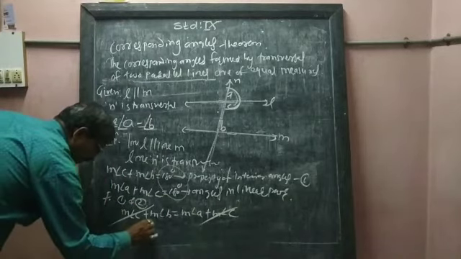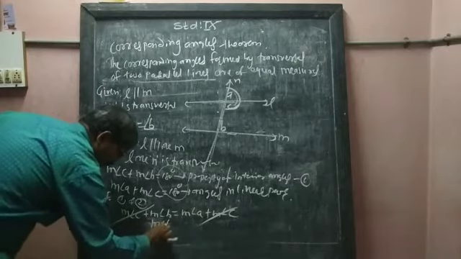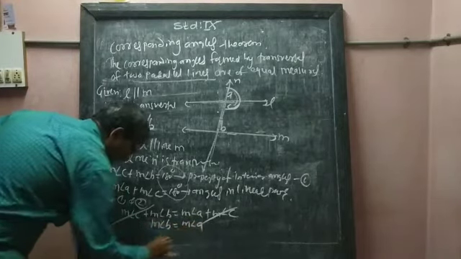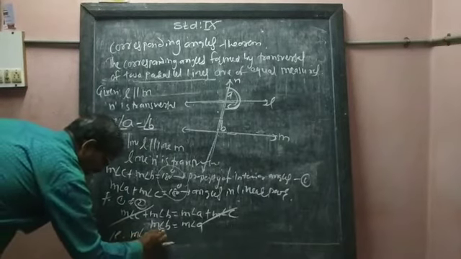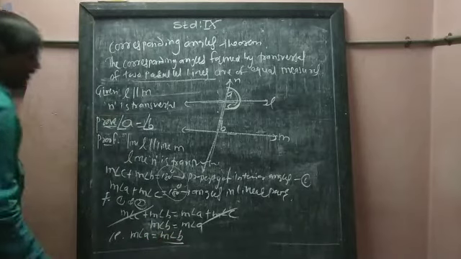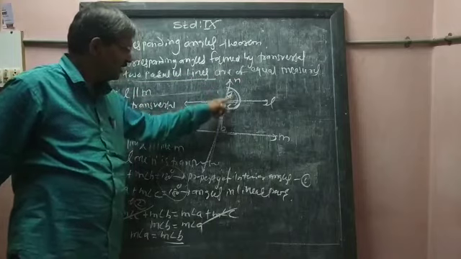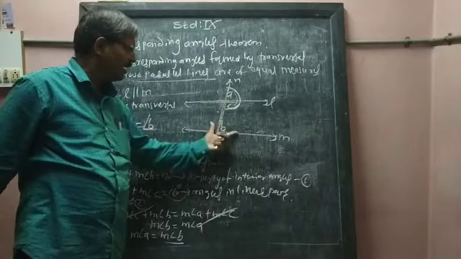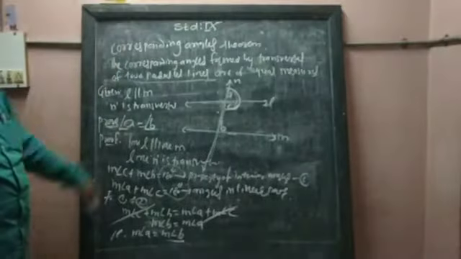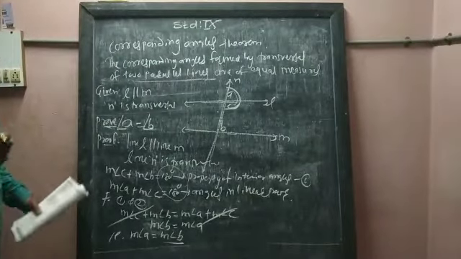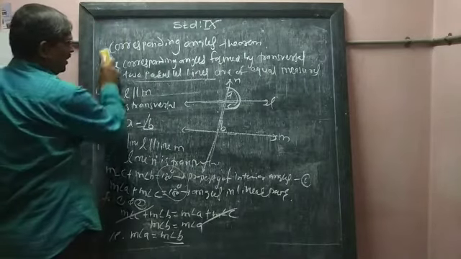Measure of angle B is equal to measure of angle A. Thus, the corresponding angles A and B formed by two parallel lines and a transversal are always equal in measure. This is theorem number 1. Similarly, there is one more theorem which can come in exam that I am going to take now. Alternate angles.